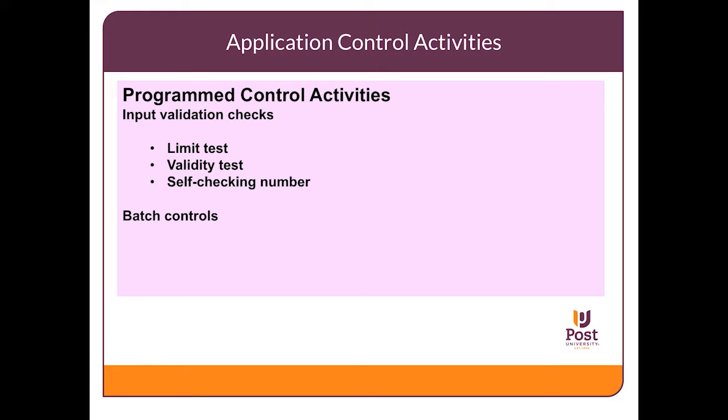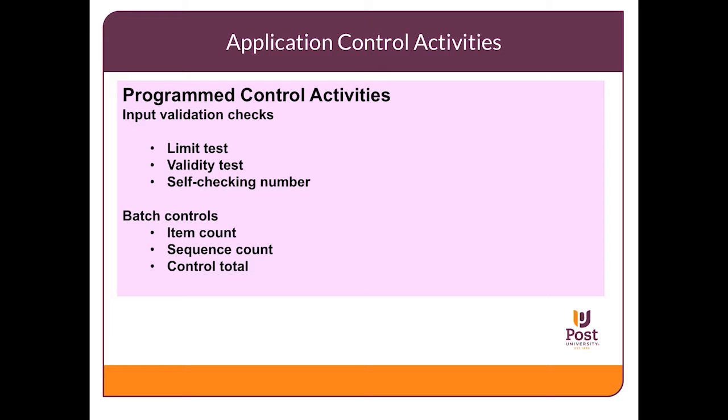Batch controls are used to determine that no data is lost or added to a batch of work. Examples are item count, a count of the items or transactions. Sequence count, accounting for the sequence in a group of transactions.